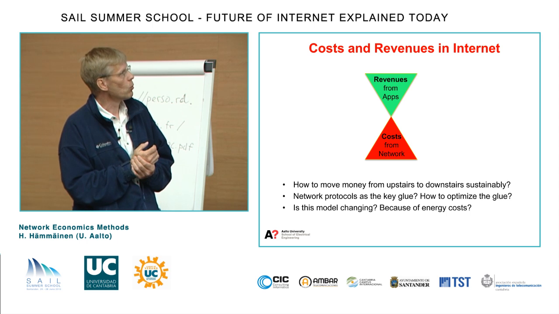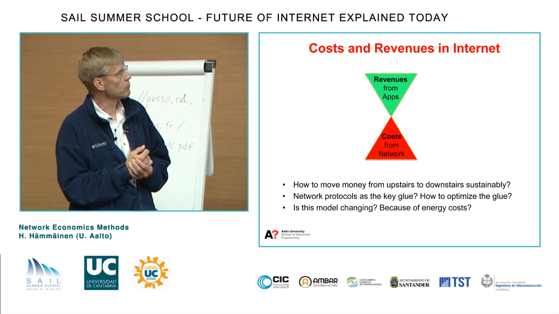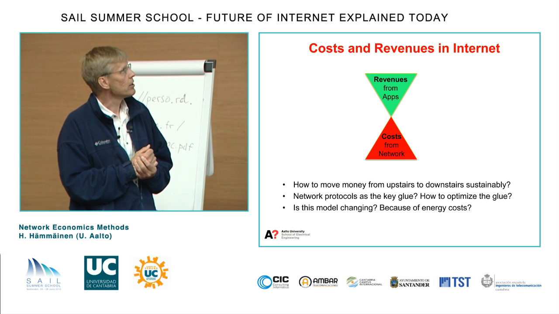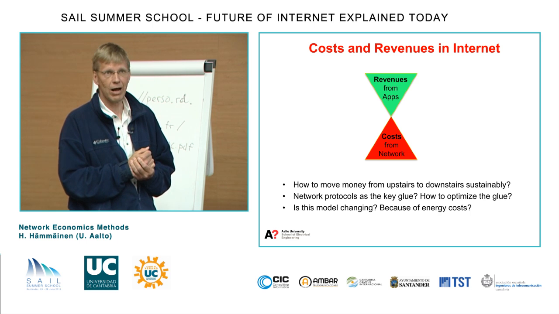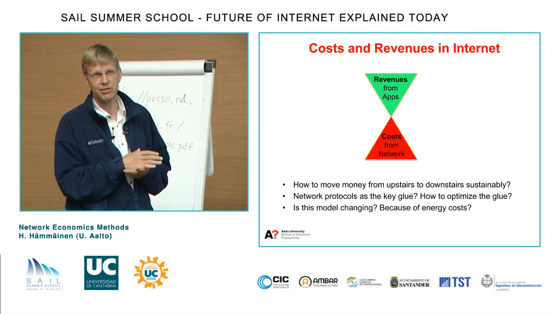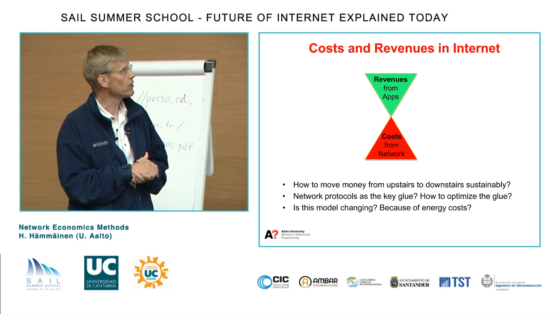One name for this basic argument when we discuss content and network functions is the net neutrality debate. That has been very hot in the US over several years already, but in Europe it's more or less probably starting, or for various reasons it has not been very active.